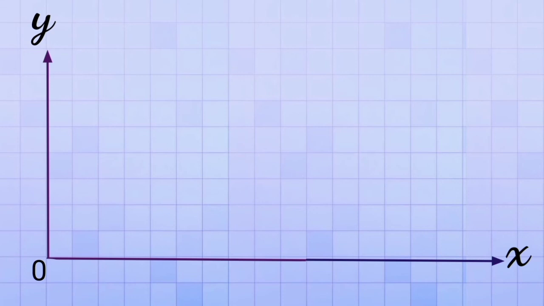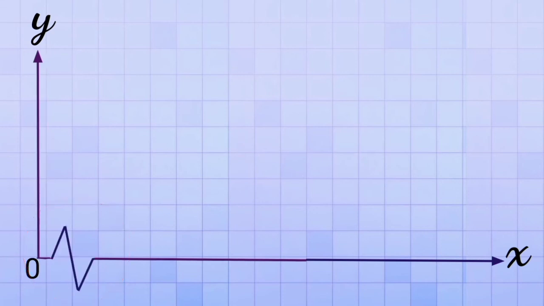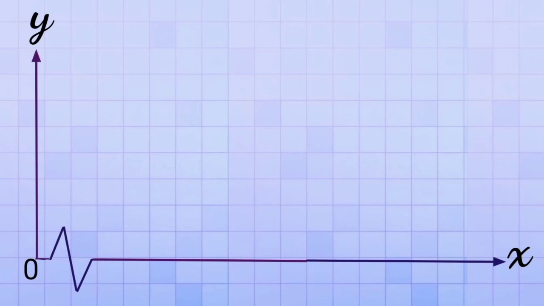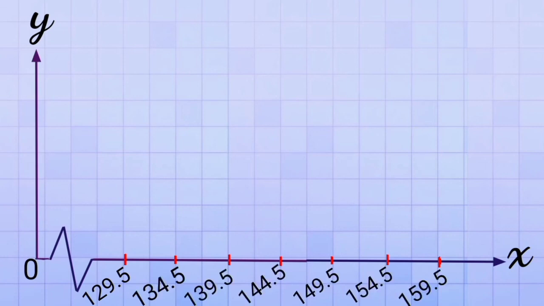So there is a way of doing it. You have to put a broken mark on the x-axis like this. It means that between 0 and the end of this broken mark, all the numbers are there. So we can start at 129.5 after this broken mark.